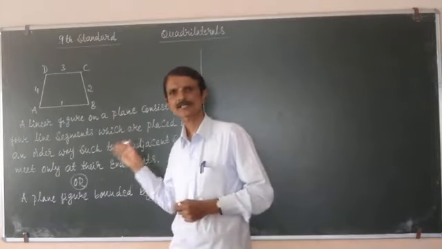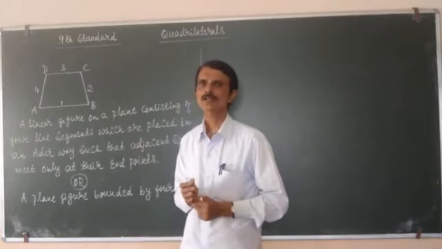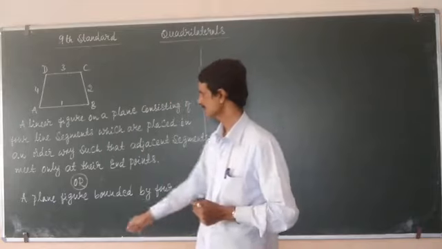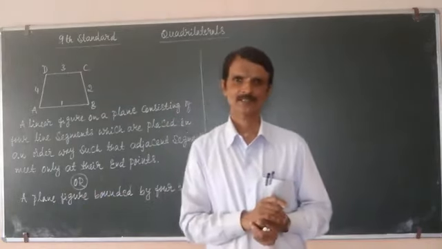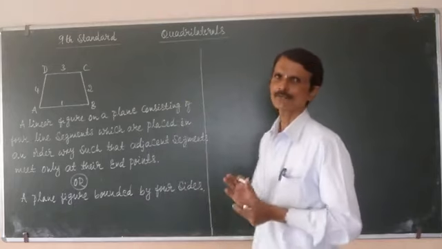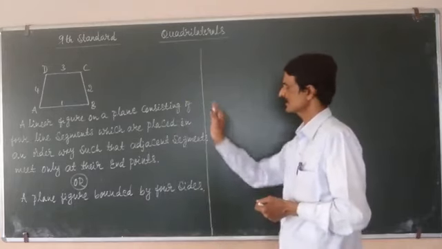Or simply we can say that a plane figure bounded by four sides is called a quadrilateral.